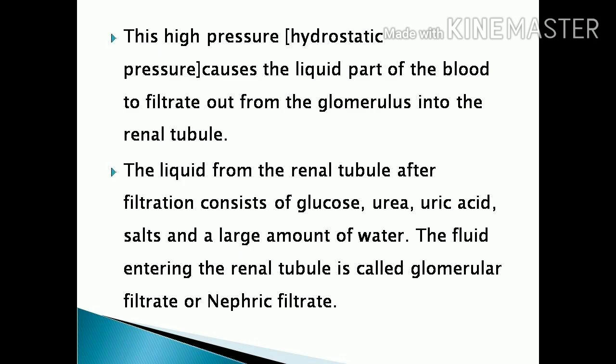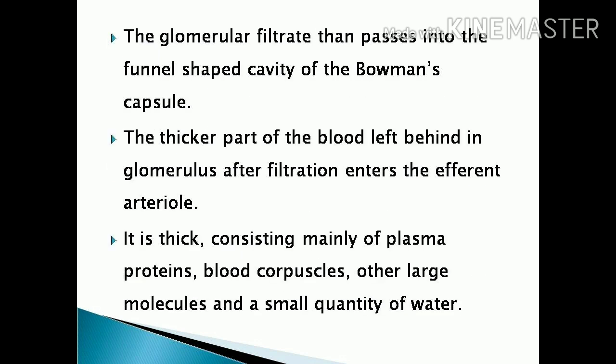This glomerular filtrate or nephric filtrate contains plasma, organic and inorganic substances including urea, glucose, amino acids, etc. Now, when the filtration takes place, first it enters the cavity of the Bowman's capsule, then it enters the renal tubule region.